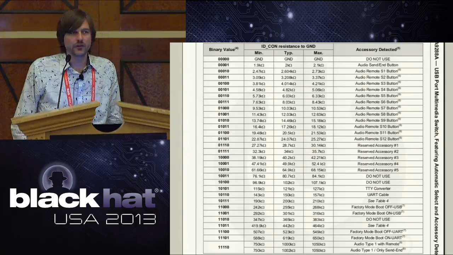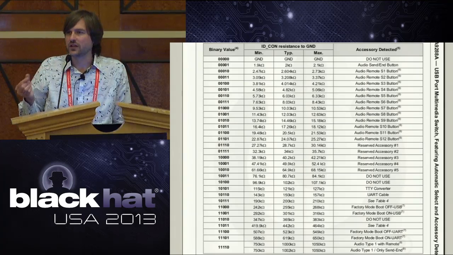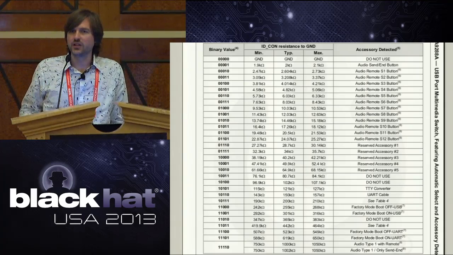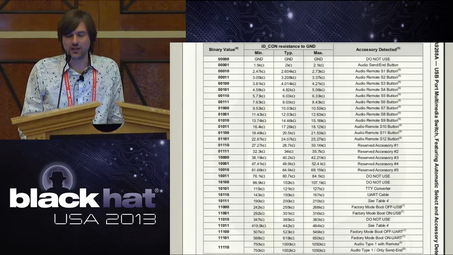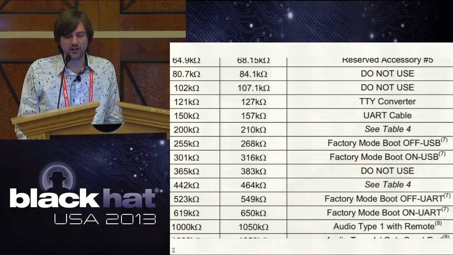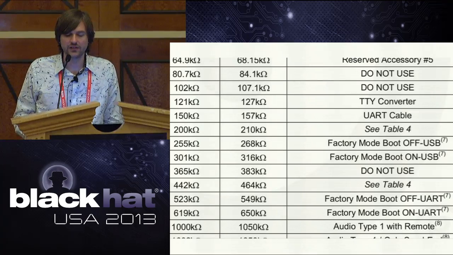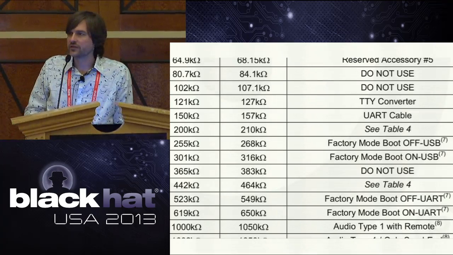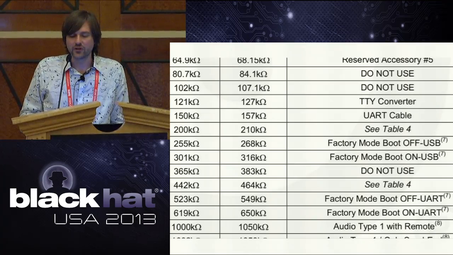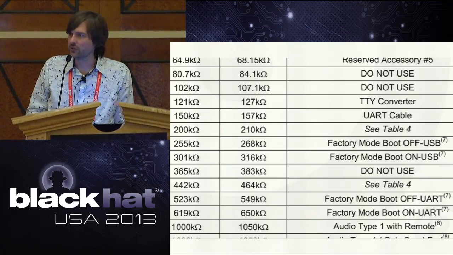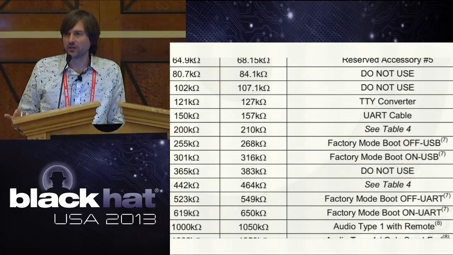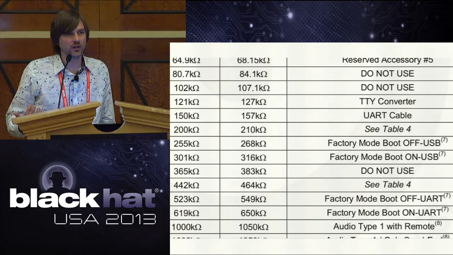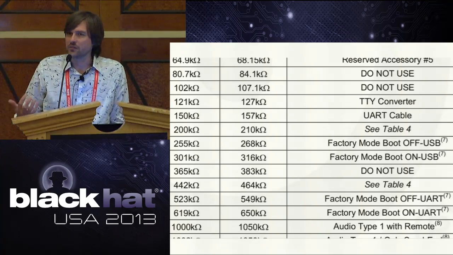There are all these different fixed resistor values that you can just attach between the ID pin and the ground pin on a USB connector and convince it that such and such a device is connected. And I'll just zoom in a little bit on a section that's interesting to us. There are a number of TTY converters, UART, factory mode, boot modes. These things are debug interfaces and programming interfaces for loading code onto a phone or debugging that phone in some way.